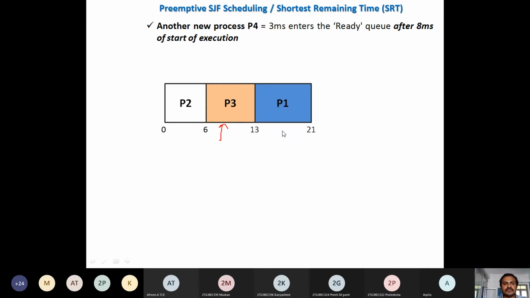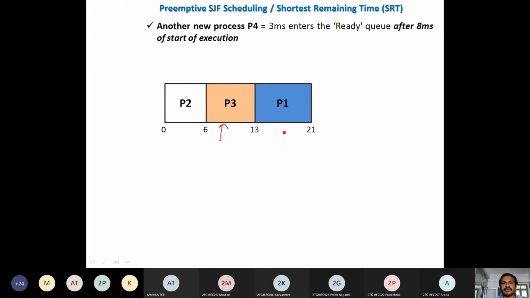Is anyone interested to answer? P3 or P4? P3 takes more time to complete. Yes, so it is preempted and P4 completes first. So as we observe, this is shortest remaining time. Which one has less execution time, that is going to be executed, even though the current one is running.